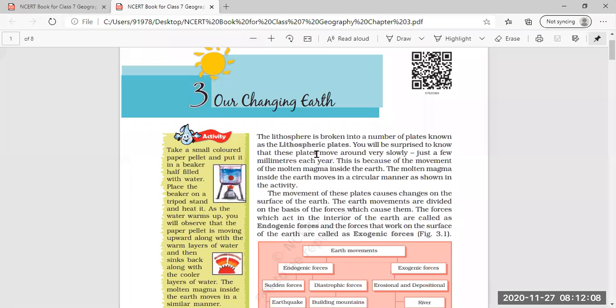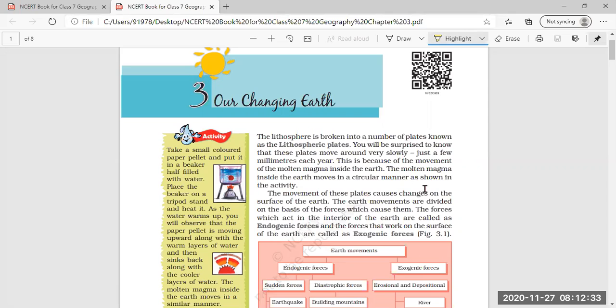In this, we have read how the lithosphere is broken into smaller plates, and those plates are called lithospheric plates. We have further understood that they move very slowly. This movement is because of the molten magma.